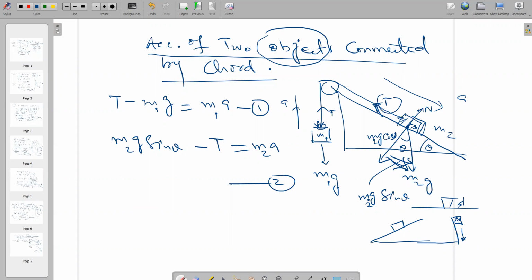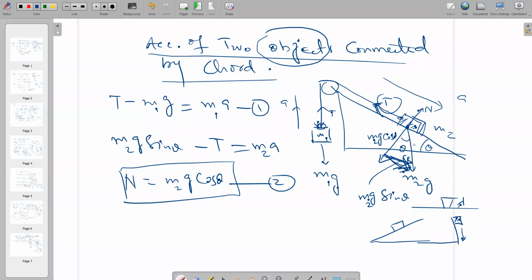So you should understand that if any body is making some angle, then we have to make the components, write the direction of that component, and then write the equation. Here you can see that the mg component is this one, and this component is responsible for the motion, because N is equal to m2g cos theta, which is balanced.